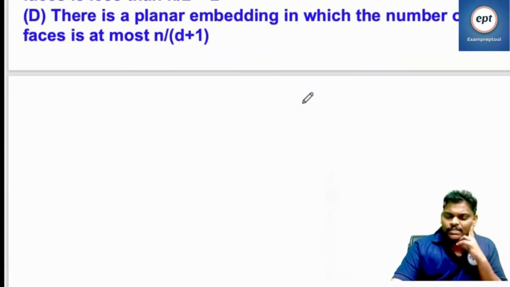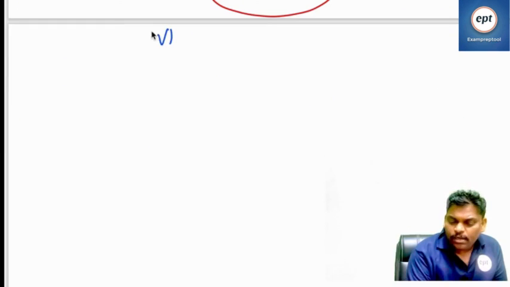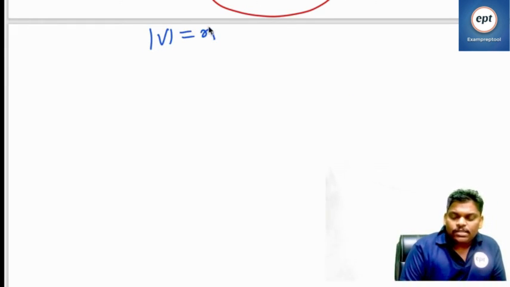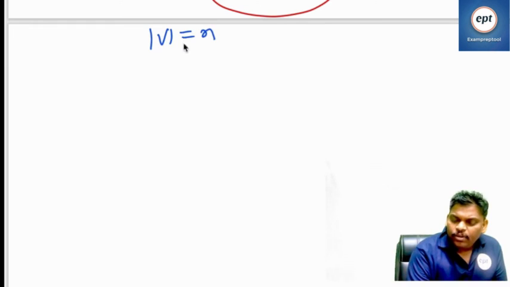Now let's see this one. The number of vertices is n, and every vertex has degree at least 3. So the sum of degrees, 3n, is less than or equal to 2e.